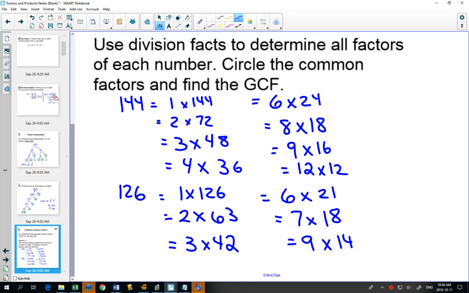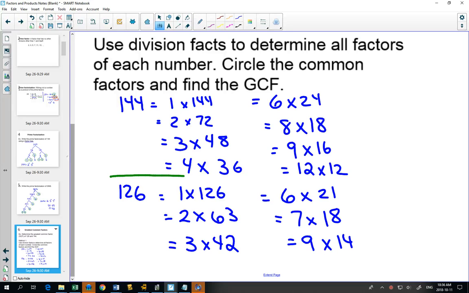Because we've tried everything up to 14 and now 14's on this side, we would know we were done. What is the greatest common factor of all the list of numbers in the 144 and all the list in the 126? Which is the biggest number that divides both of them? Are we looking on both sides or just the left?